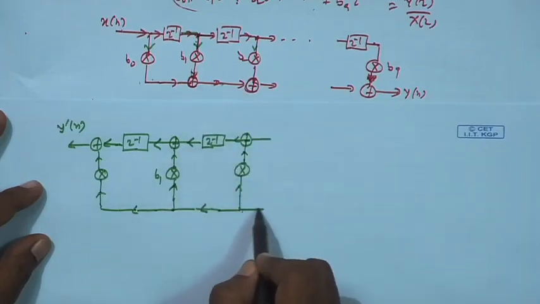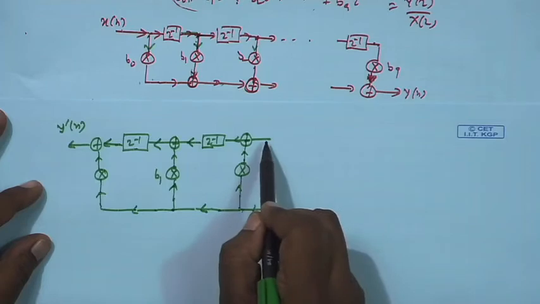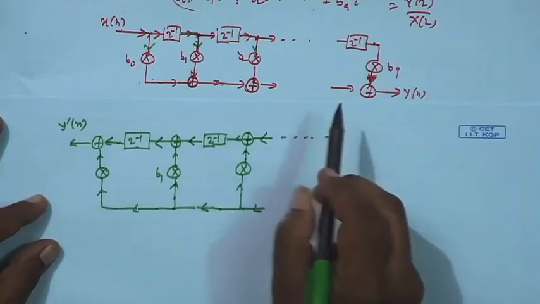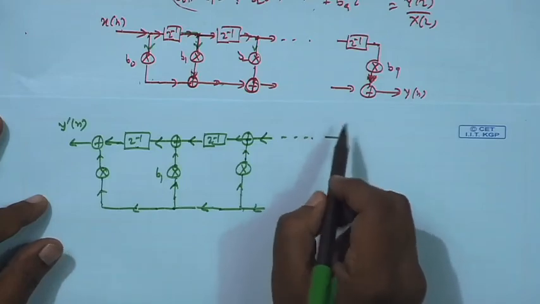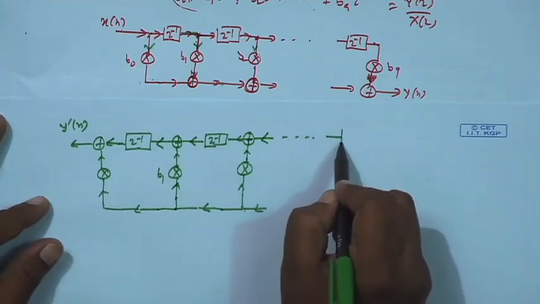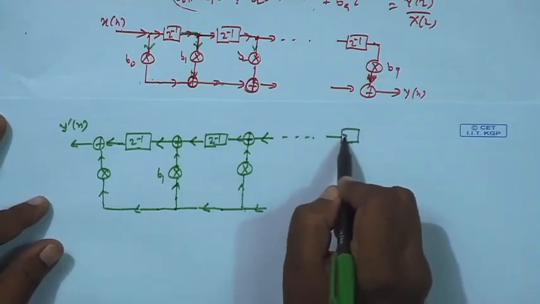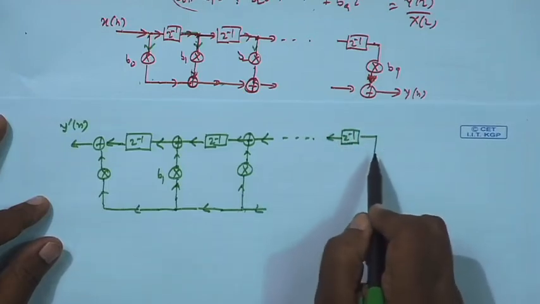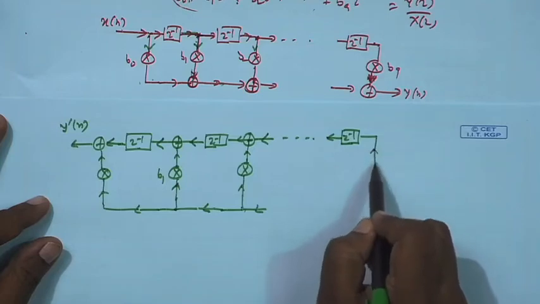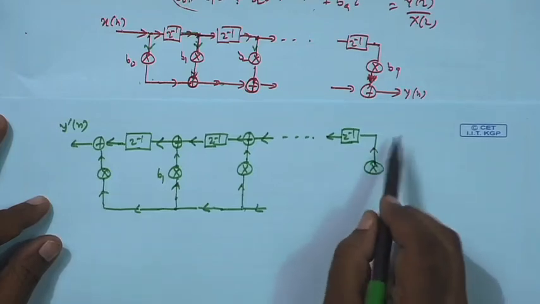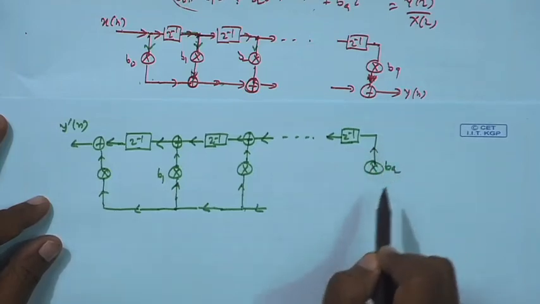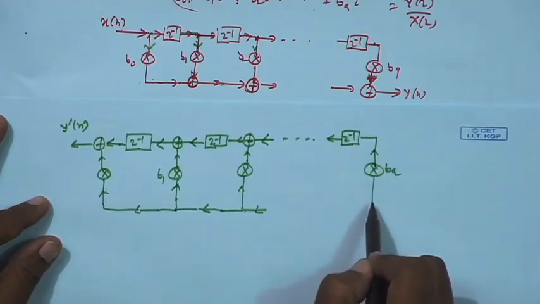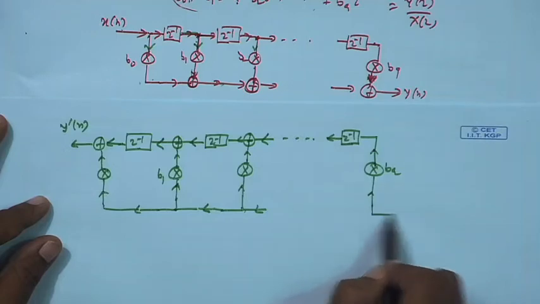So, this is the input, it is going this way. Finally, again this is a branching point.